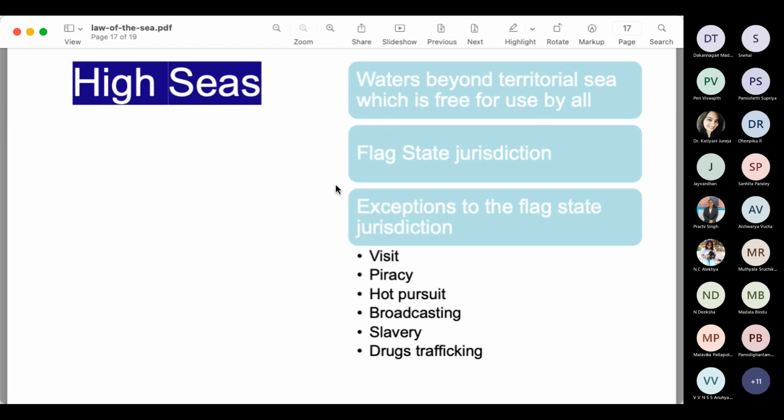Right? So, right to visit is only permissible on the high seas, with exceptions, when there are reasonable grounds: firstly, if the ship is engaged in piracy, slave trade, or unauthorized broadcasting, or the ship is without nationality, or is not representing its flag, or is misrepresenting or refusing to show its flag.